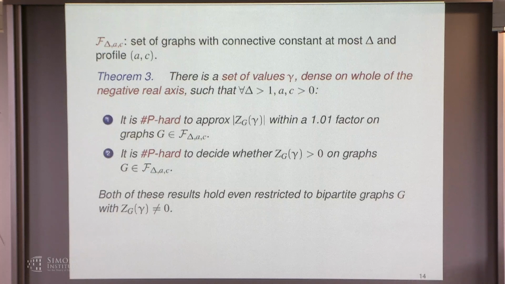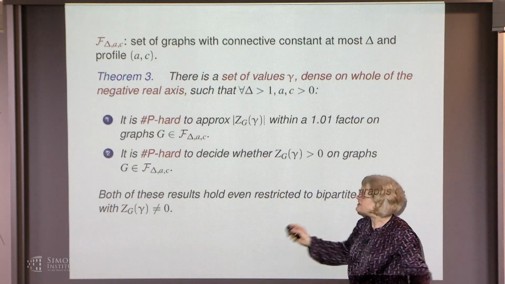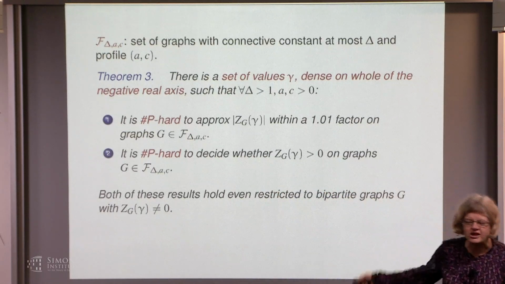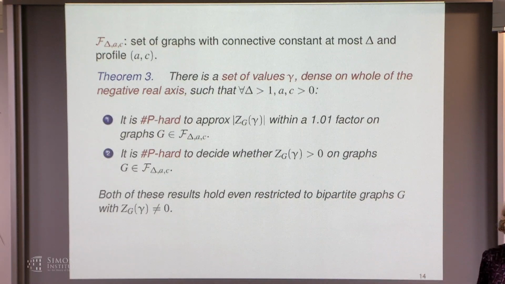So the connective constant hardness result is that for any Δ bigger than 1, if your connective constant is at most Δ, then the same things that were hard before, I shouldn't have put all that junk on the slide, are still hard.